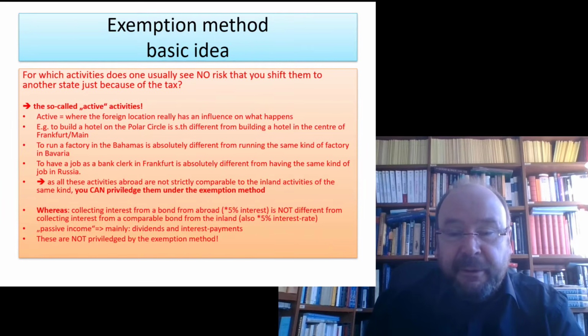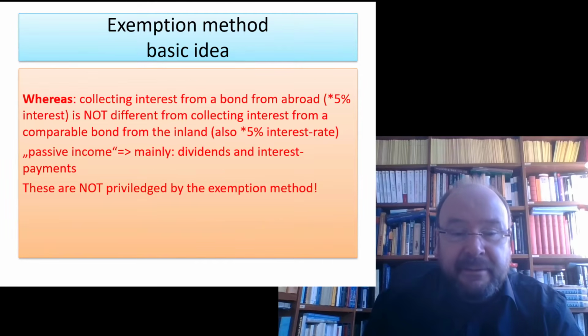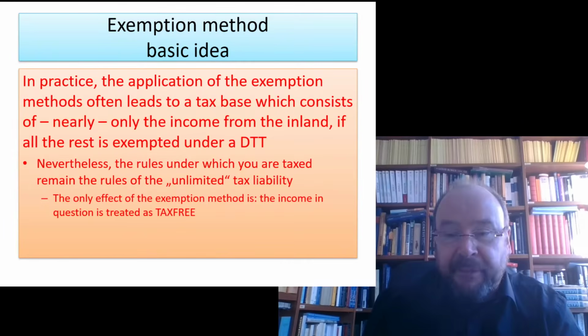The few exceptions where you can never risk that are probably interest and dividends. By the way, in that context, these two types of income are very often named passive income. There you will probably not find the exemption method.